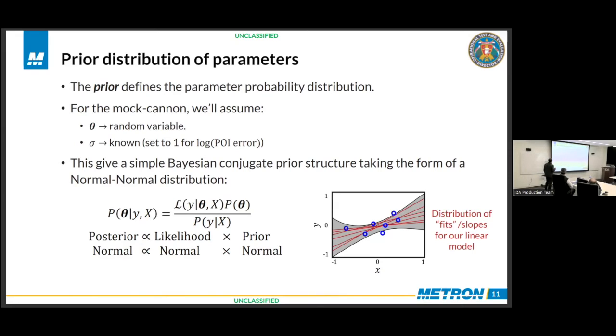And so one way we can think of theta as being a random variable is in this cartoon down here, if I'm plotting y versus x, the thetas, which are in this linear model slopes, we can think of it as now we have a distribution of slopes that are trying to represent these blue data points, right?